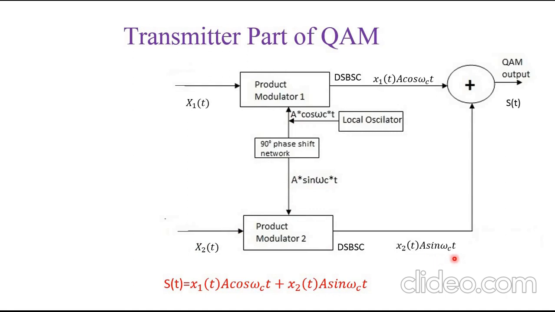This is just an adder, so we add them. So the output s(t) will be x1(t) A cos omega c t plus x2(t) A sin omega c t.